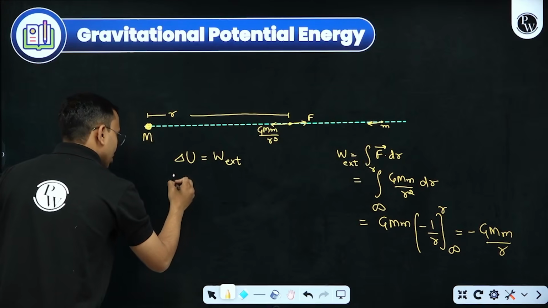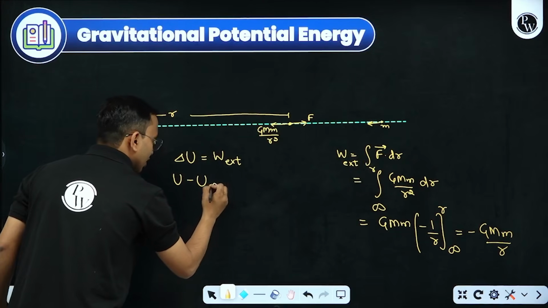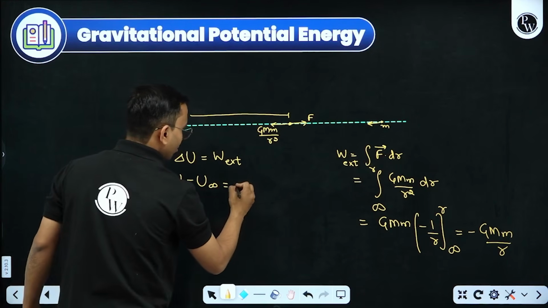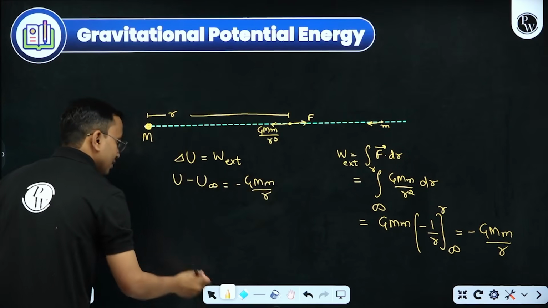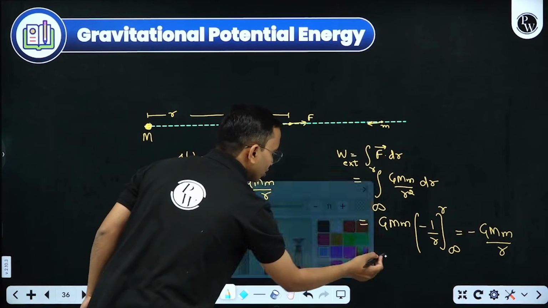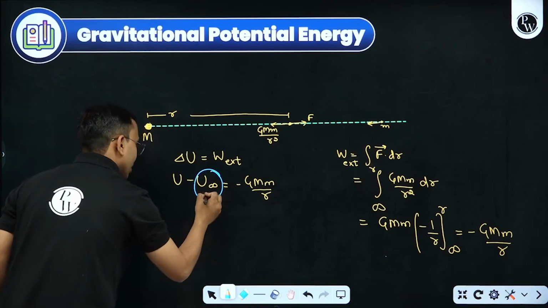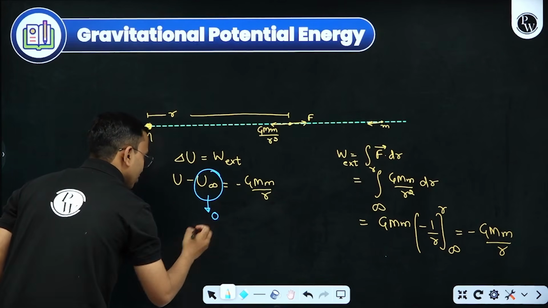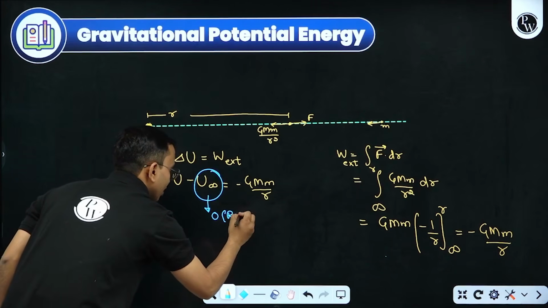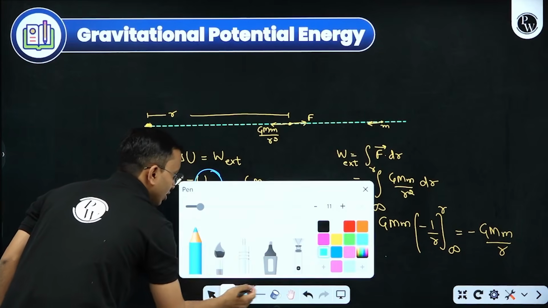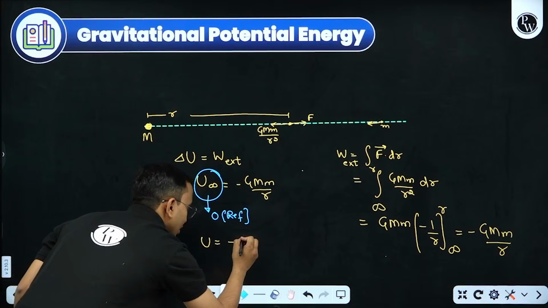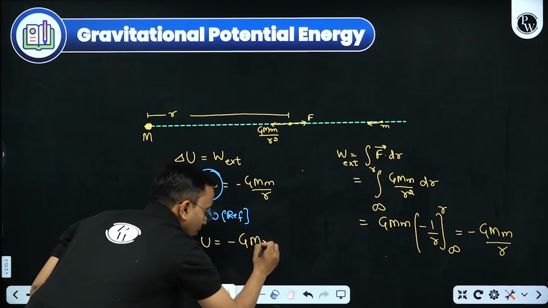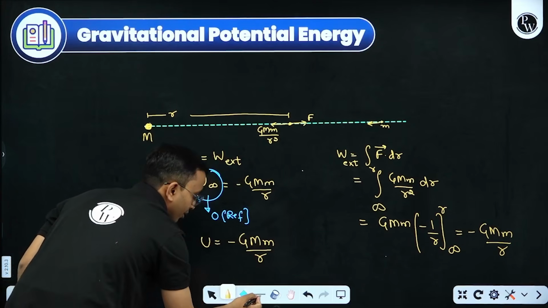So the final potential energy minus the potential energy at infinity is equal to minus GMm by r, and I considered my potential energy at infinity as my reference, considering it as 0. So I got the potential energy at a distance r as U equals minus GMm by r. Remember this formula?